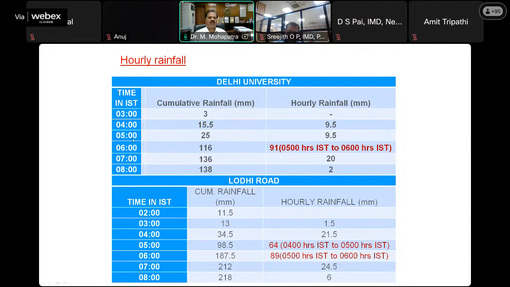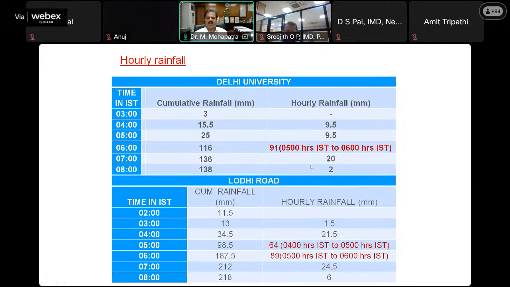And then 4 to 5 hours IST, the rainfall was 9.5 millimeter, and then it became around 25. Then 5 to 6 hours IST, you just look at it, it was 91 millimeters. So 5 to 6 hours IST, rainfall over Delhi University was 91 millimeter, and cumulative became 116, something like that.